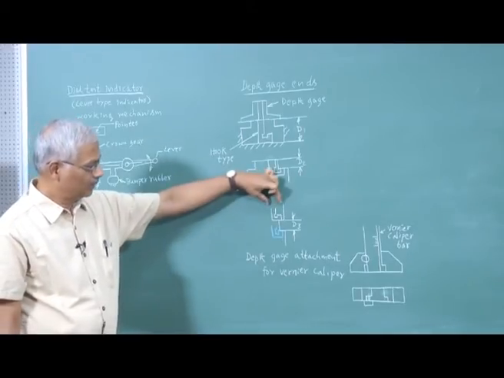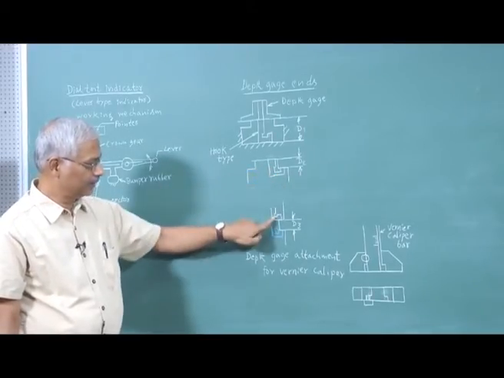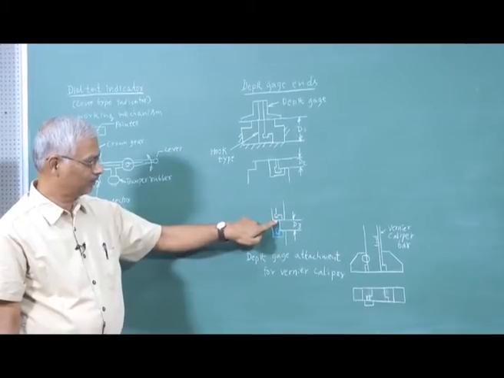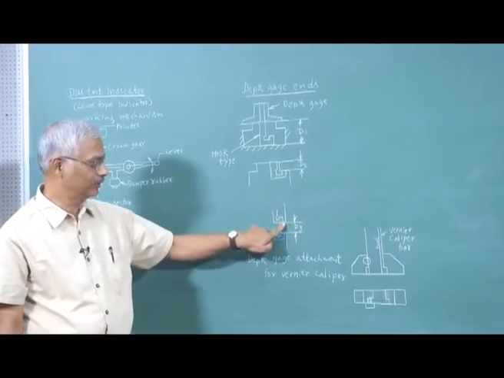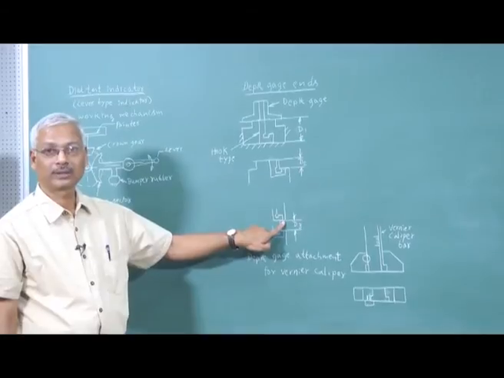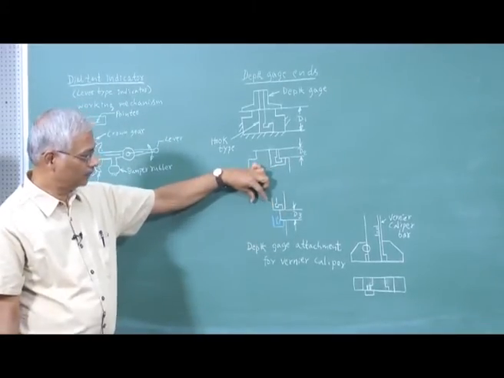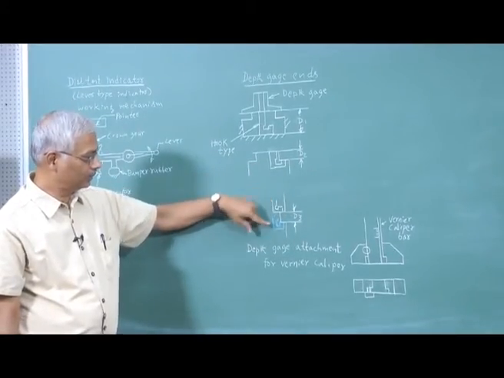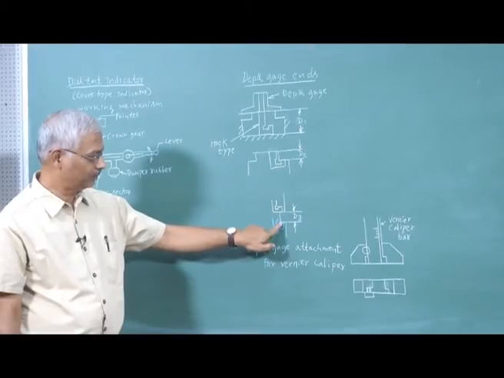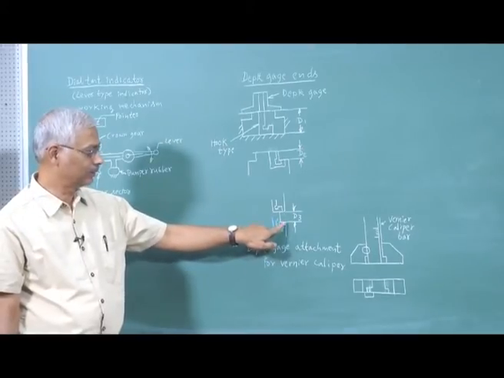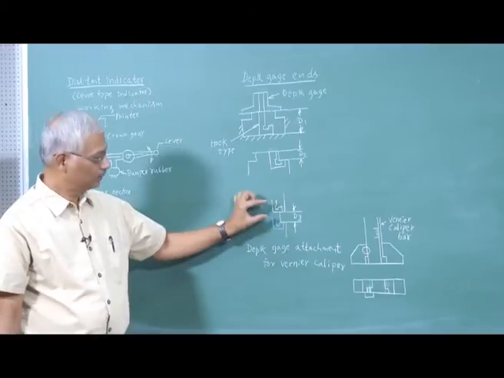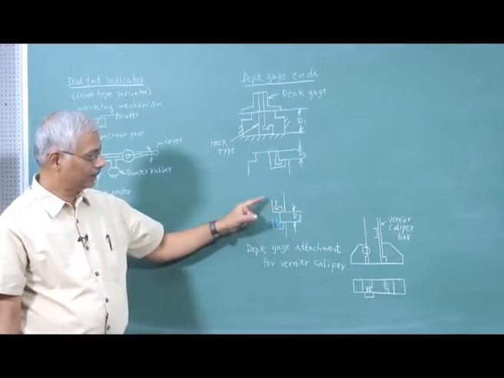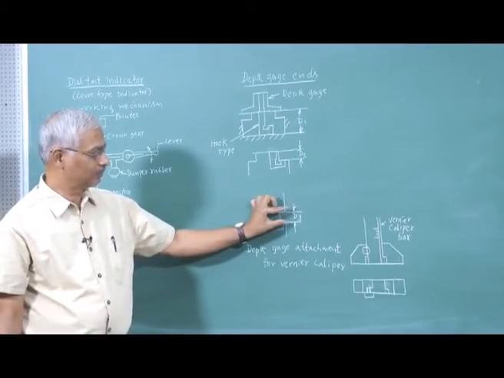You can see here, once we have to take reading here, this surface of the hook will be in contact with this surface, we have to take the reading, and then it is moved like this, then again we have to increase the depth, and now this upper surface will come in contact with the bottom surface of that projection. So, again we have to take the reading, and then the difference gives this thickness D3.